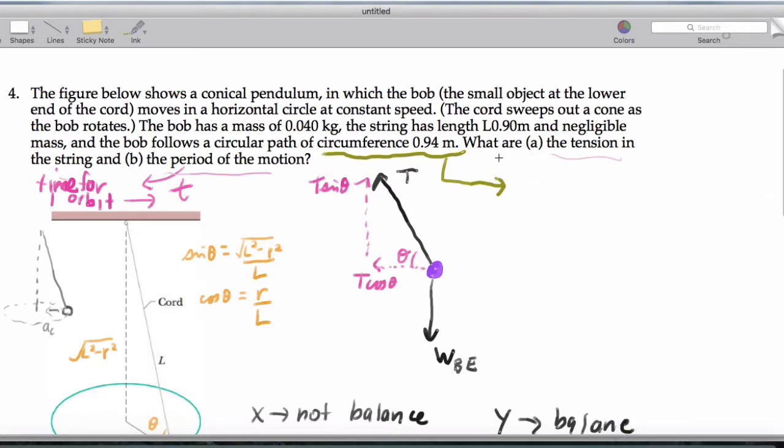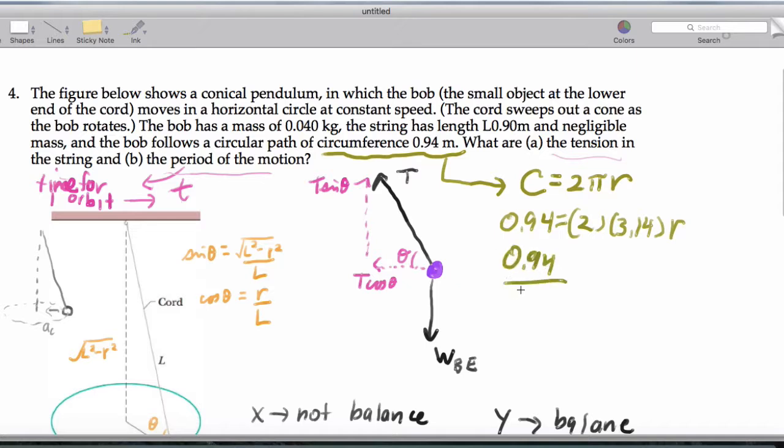So that is my opinion of this way of presenting the information, because circumference is 2 pi r, and I just want r, so we got 0.94 equals 2 times, let's just be lazy and use 3.14. I know some of you have pi memorized out to like 900 digits. That's cool, okay, but it's not that cool. Okay, it's pretty cool.